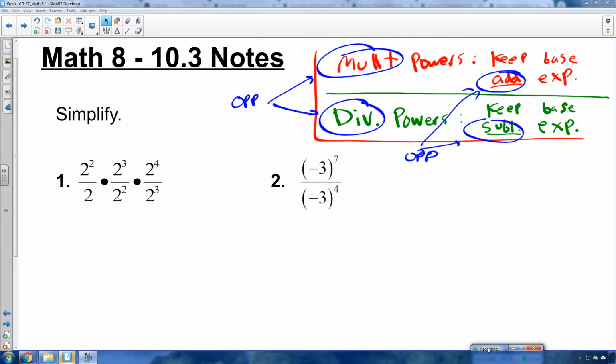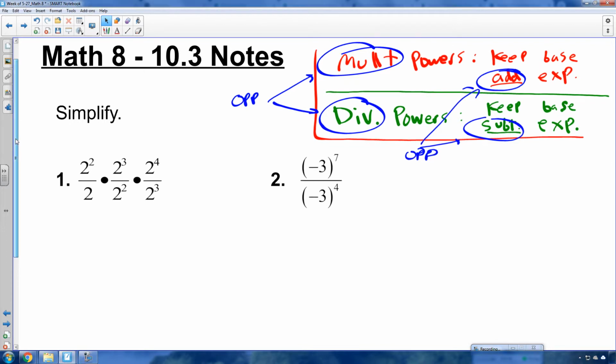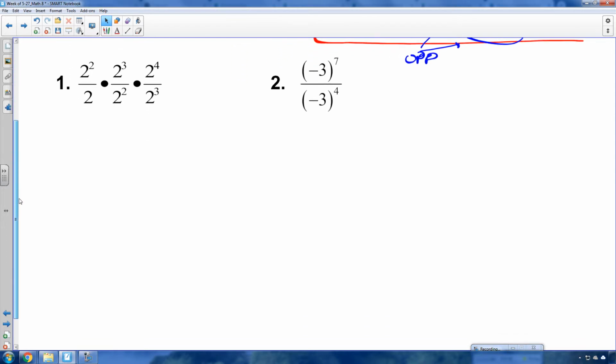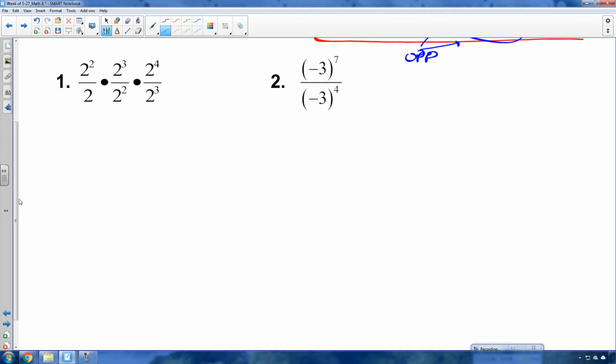So let's simplify these problems and think about what we're doing here. I would like to make this into just one fraction where the tops are all multiplied. Multiplying fractions, no big problem: top times top, bottom times bottom. I like to think about if there's anything I could cancel, just to help you understand what's going on here.